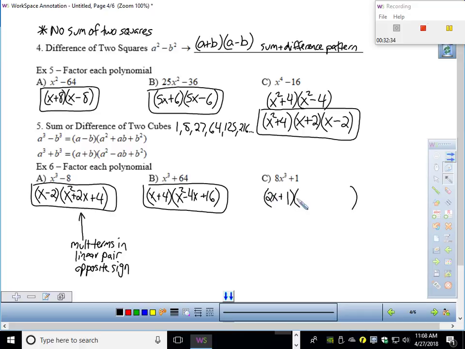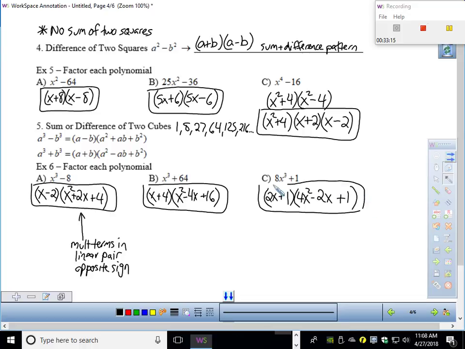So 2x times what would give me 8x cubed? Well, 2 times 4. X times x squared. Cool. Positive 1 times what would give you positive 1? Positive 1. Now for the middle term, remember, you just multiply these two terms together. Multiply the terms in the linear pair. So 2x times 1 is 2x. If that's a plus, that's a minus.